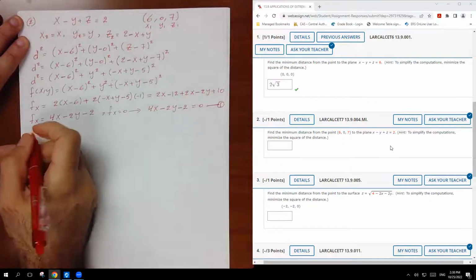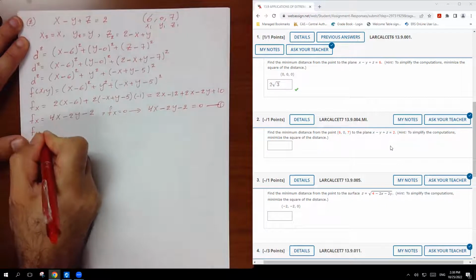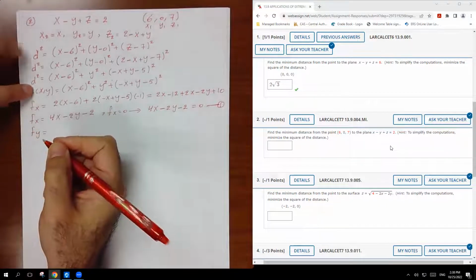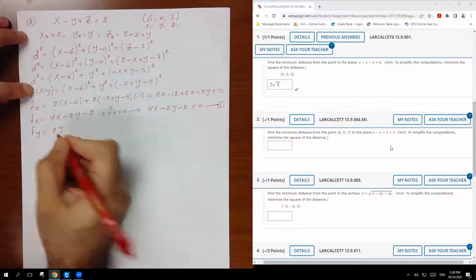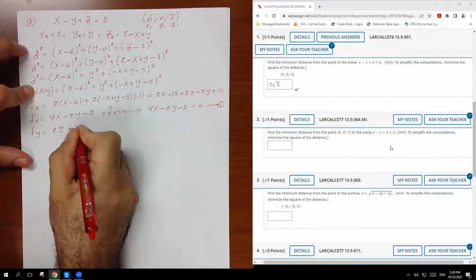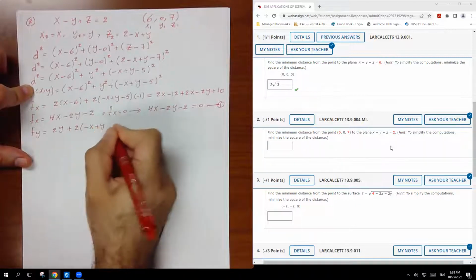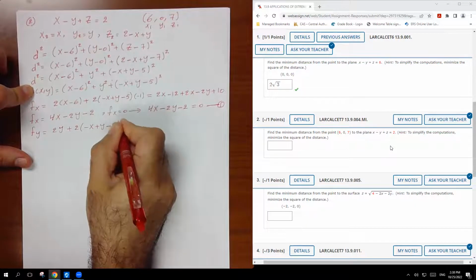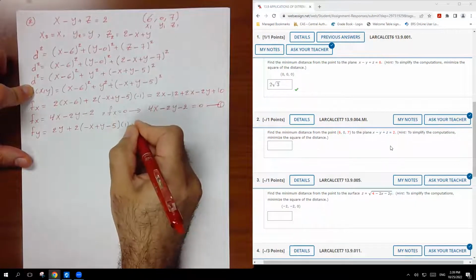The second one, we're going to find f sub y, which is equal to, this is 0, so it's going to be 2y plus 2 times (negative x plus y minus 5) to the 1, and the derivative of the inside is 1. Let's simplify.